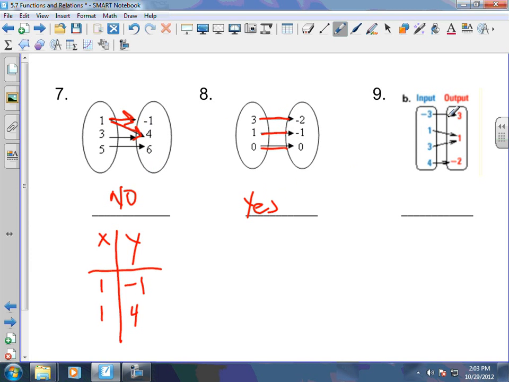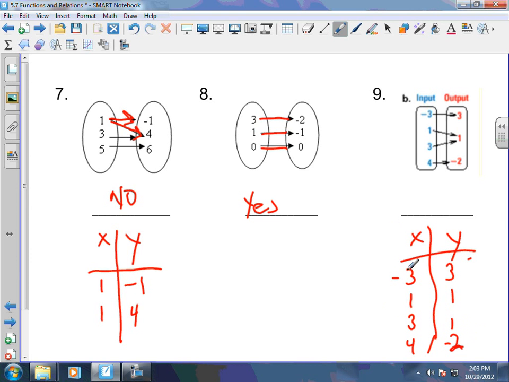Is number 9 a function? Yes, it is. Because, let me make an xy table and show you. When x equals -3, what does y equal? 3. When x equals 1, what does y equal? When x equals 3, what does y equal? When x equals 4, what does y equal? Do I have any repeaters on my x?